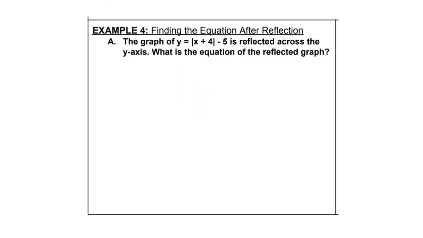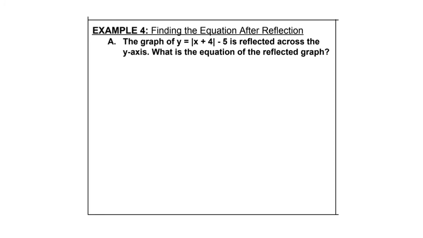All right, now what we're going to do is use that information about stretches, compressions, reflections, and translations. We're going to use them to first find the equation after a certain transformation, or to identify the transformation of the parent function given that transformation's equation.